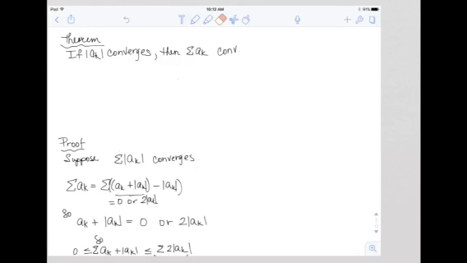We now have a theorem. This theorem states if the sum of the absolute value of a sub k converges, then the original series also converges.